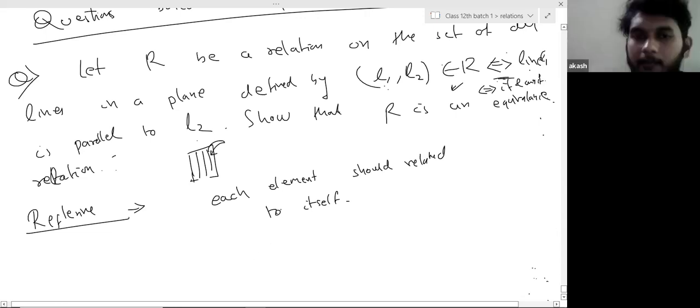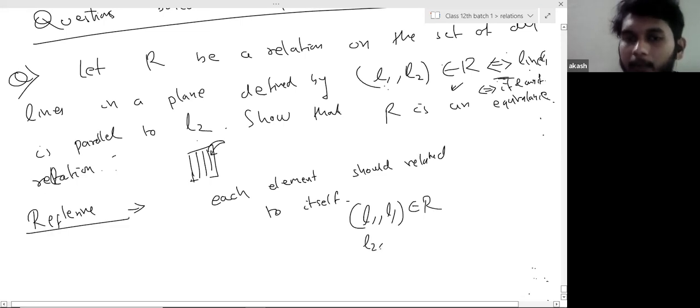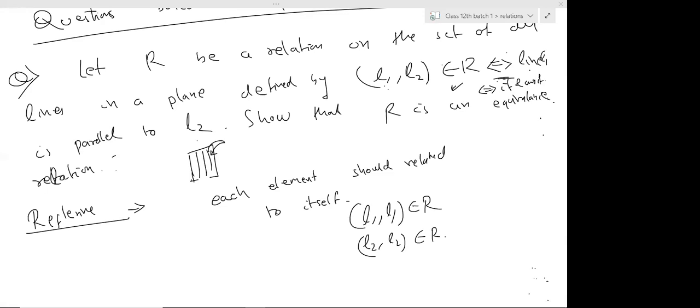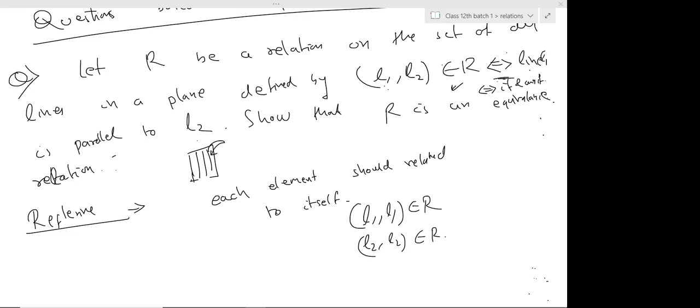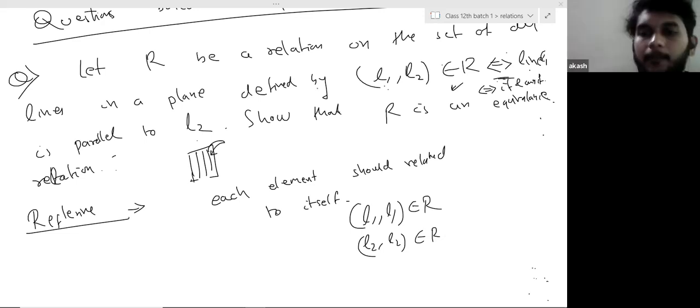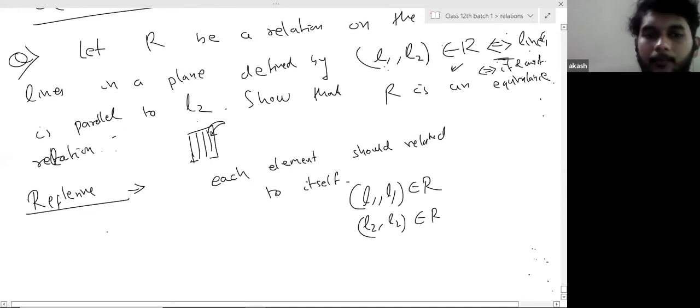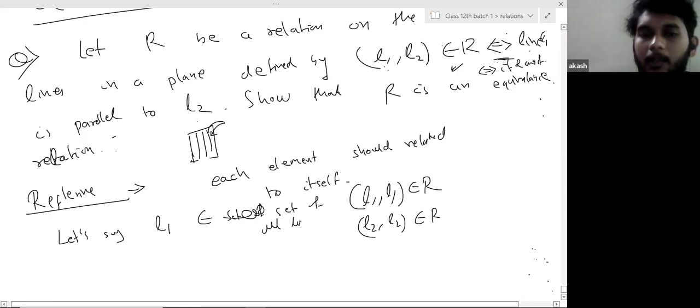So what can we expect from this question? We have to prove that (L1, L1) belongs to R, or (L2, L2) should belong to R. Kulsum, Shikani, Ronaldo, this is clear? So we have to prove for each element. How can we prove it? Let's say L1 belongs to the set of all lines in a plane.